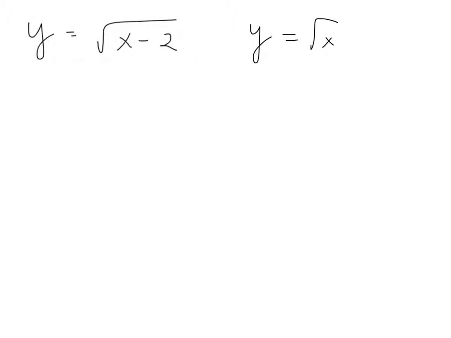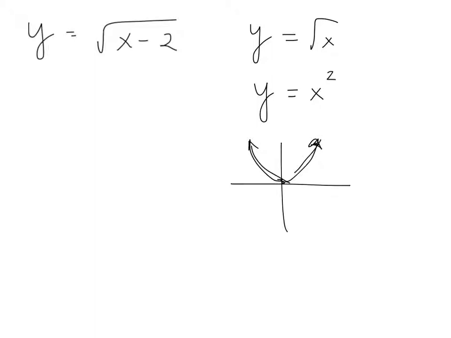This is actually related to y equals x squared. If you remember, the graph of y equals x squared is a parabola opening upward. That's for x squared. Now for the radical, the square root of x, this came from a parabola opening to the right.